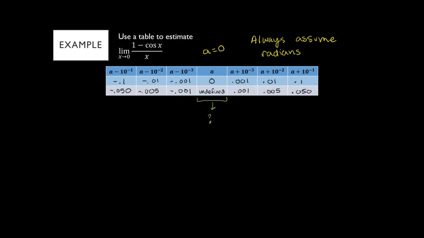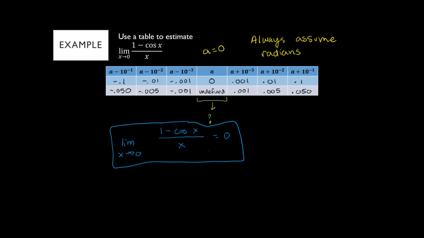So our limit is going to be 0, because that would fit in with our pattern here on our table. So the limit as x goes to 0 of (1 minus cosine x) over x is 0. That is the natural spot that would fill in the undefined if it wasn't undefined.